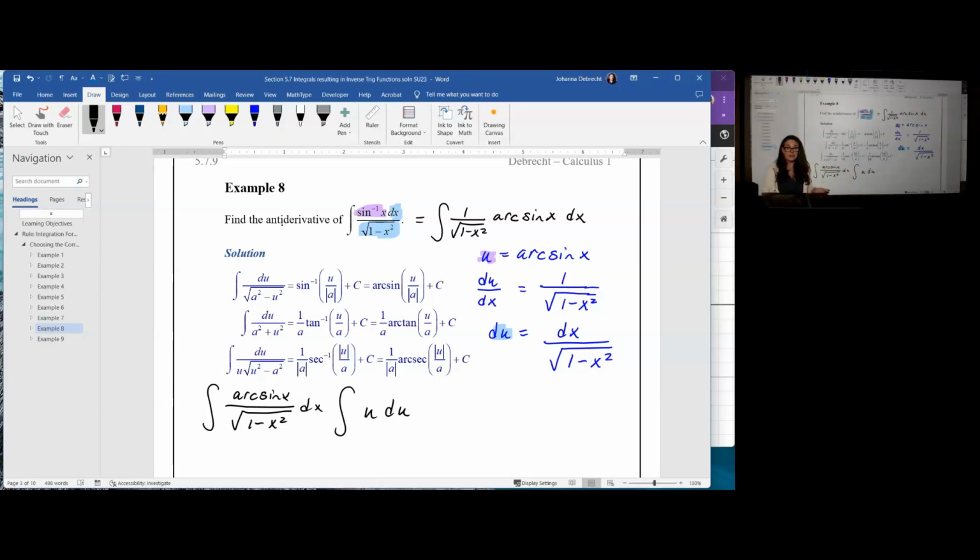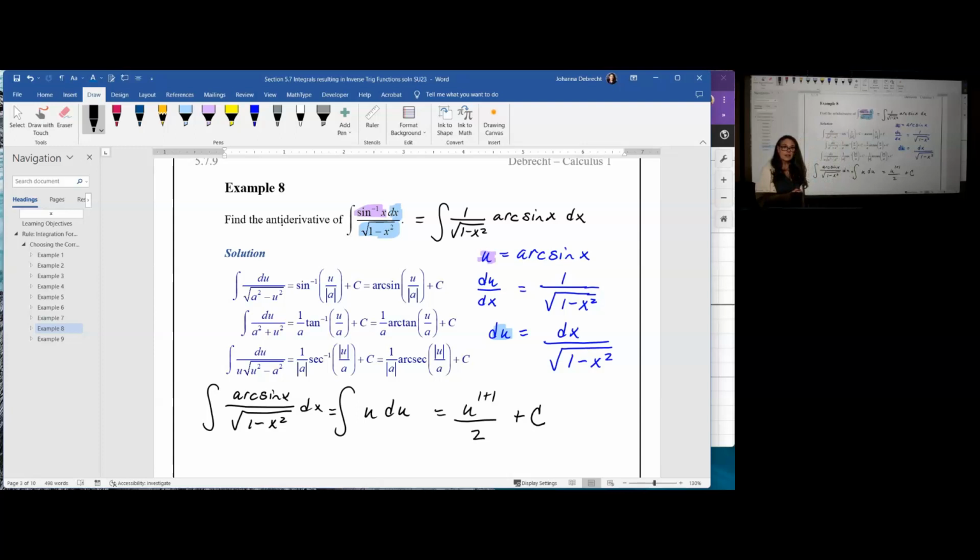Since I only have u du, then I can go ahead and integrate. U is a polynomial, and I can apply the power rule. This gives me u to the 1 plus 1 divided by the new power of 2. It's an indefinite integral, so I add the constant of integration plus c.